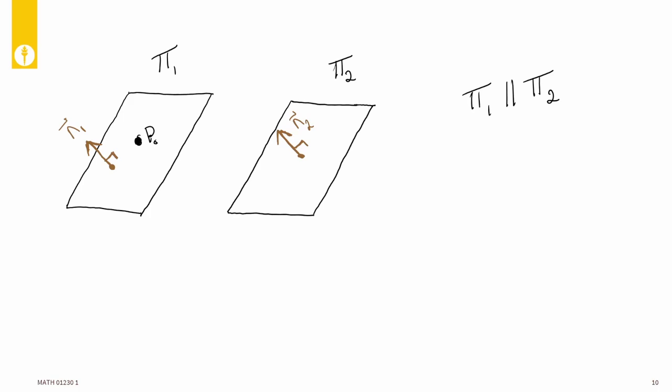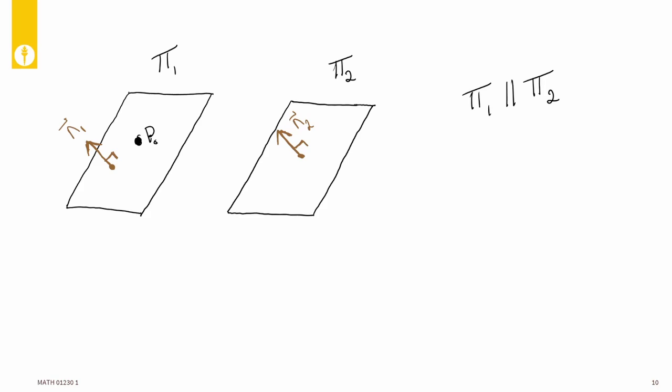Well, if pi 1 and pi 2 are parallel, how would their normal vectors relate? They don't have to be the same magnitude, and they technically don't have to have the same direction.